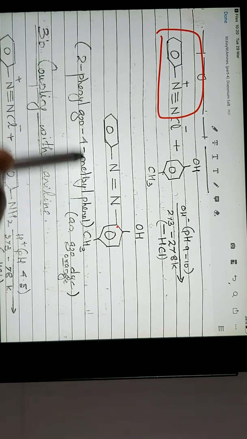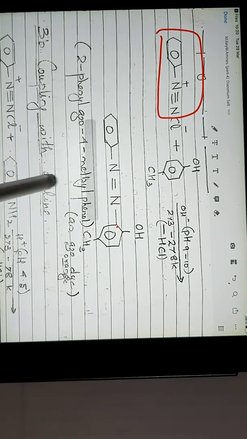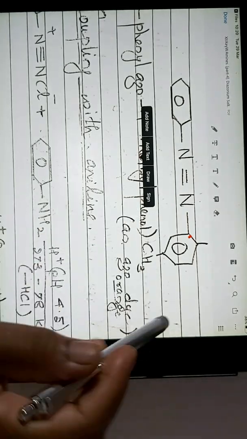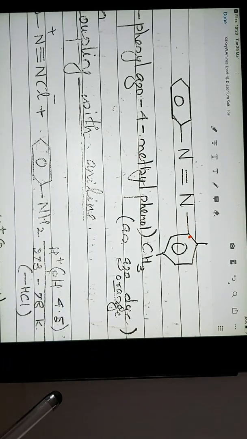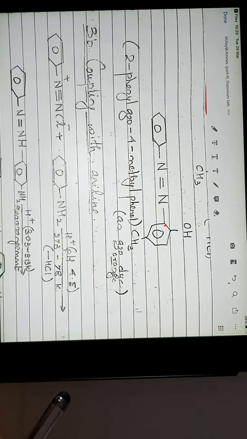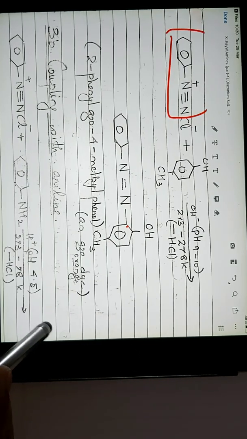Now the important thing, more than the name, is that this is an azo dye and it has an orange color, like methyl orange and all, they are azo compounds. So the characteristic deep bright color is a special thing about azo compounds.